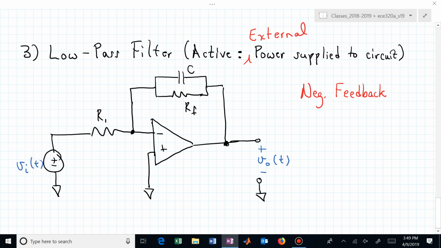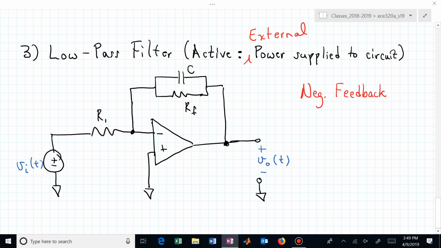We've now put a capacitor in parallel with that feedback resistor that we had before in the inverting circuit. Now we've put some energy storage device around this op-amp. But we can still think of this in the same way that we had thought of the previous inverting circuit.